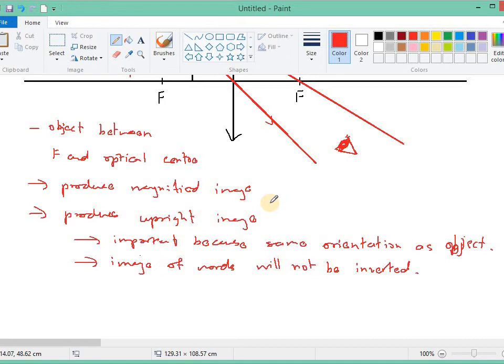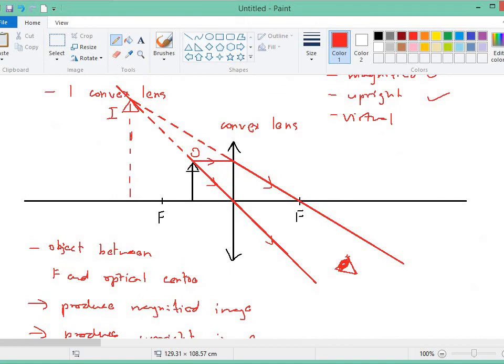It is very difficult to read if the word is upside down. So this is why, when we use a magnifying glass, the object must be between F and the optical center, so that the image is magnified and upright.